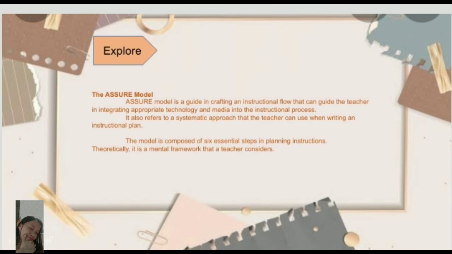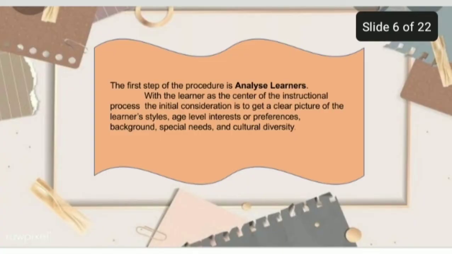And the first step of the procedure is analyze learners. With the learner as the center of the instructional process, the initial consideration is to get a clear picture of the learner's styles, age level, interest or preferences, background, special needs, and cultural diversity.